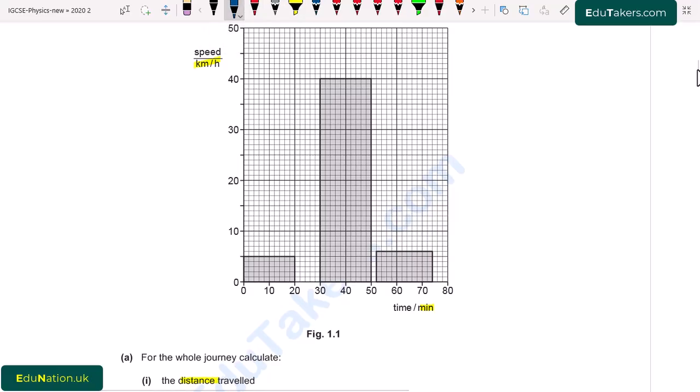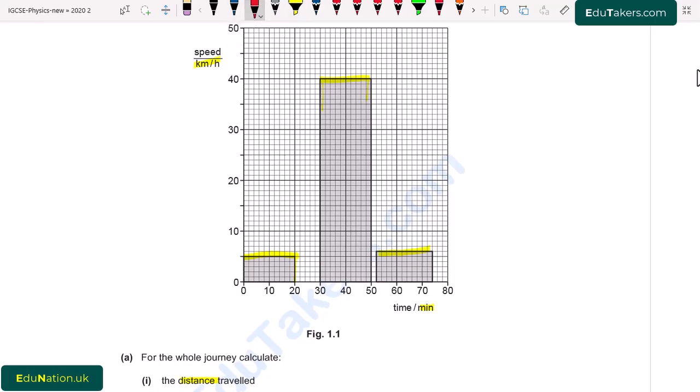We know that the area under the graph is equal to the distance traveled by the body, and you can see from here that these are rectangles. It's also a rectangle and it is the third rectangle. The area under this must be equal to the distance traveled by the body.